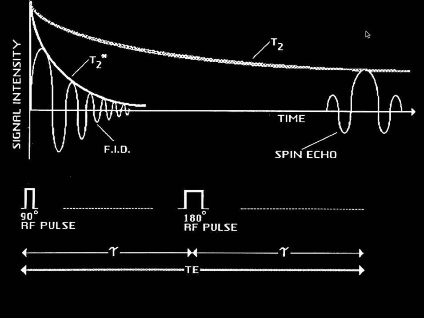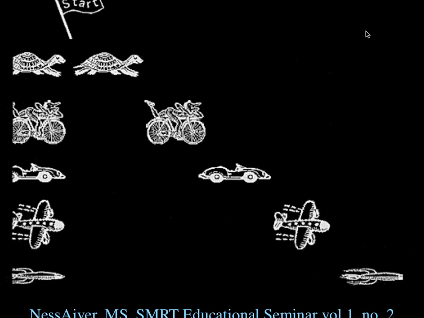There are two things that are causing the spins to get out of phase. Now, the one thing that has to occur for this experiment to work is that the tortoise, the bicycle, the race car, the plane, and the rocket all have to be traveling at the same speed going out and coming back again.